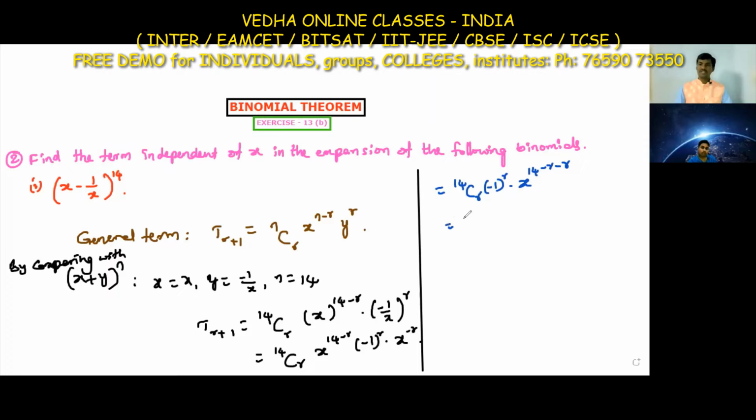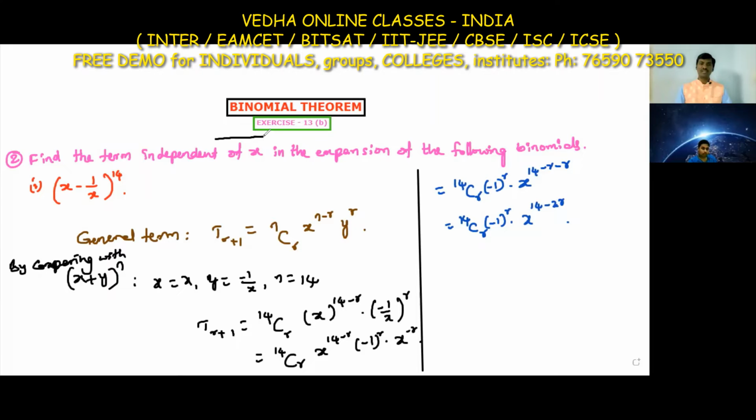That means 14Cr into (minus 1) whole power r into x to the power 14 minus 2r. Here I don't want the x value.